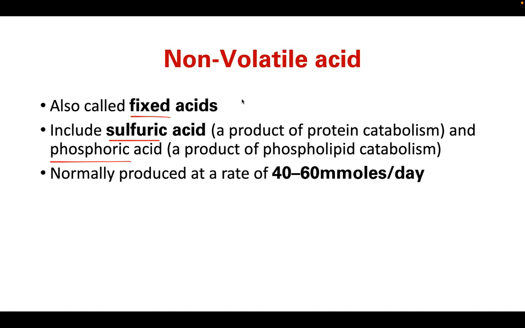So what is the most important volatile acid which you should bring with you when it comes to human physiology? What is that volatile acid? Let's see if you're still with me. Okay, very good. It's carbon dioxide. And what are now the two non-volatile acids which you have to remember when it comes to human physiology?